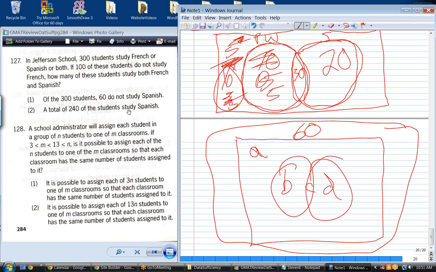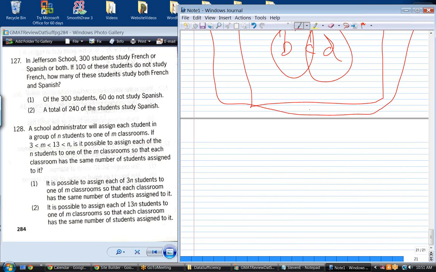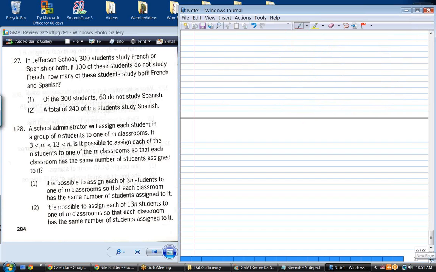Ah, 127, another GMAT, another Venn diagram. That's nice of them to give us 2 in a row. Again, we have 4 possibilities. They take French, they take Spanish, or they take both.